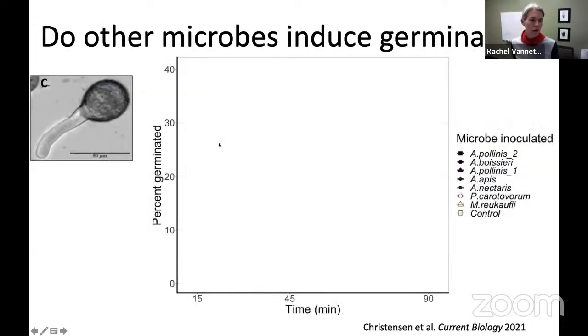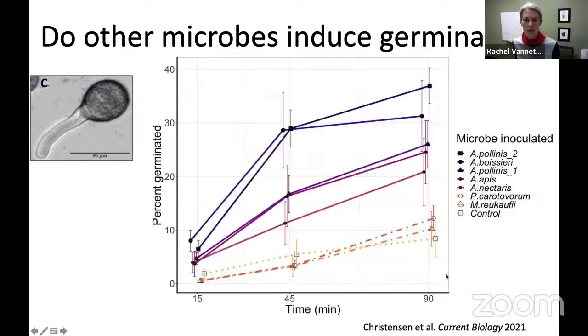And so what we wanted to see is, over time, do these different microbes influence pollen germination? Here we've got a 90-minute timeline. And what you can see is the control is down here. About 8% of the pollen grains germinated in that time frame, and the Pectobacterium and Metschnikowia yeast are also down there and not distinguishable from the control.